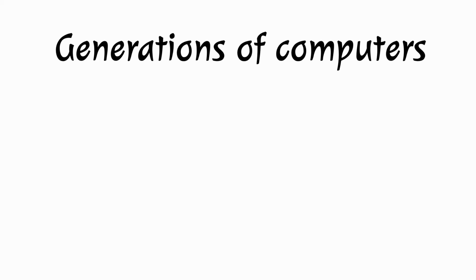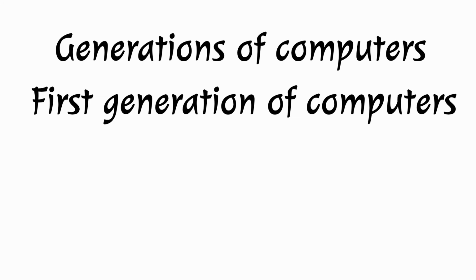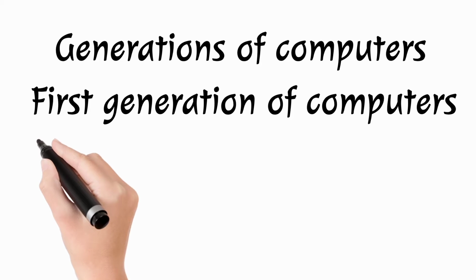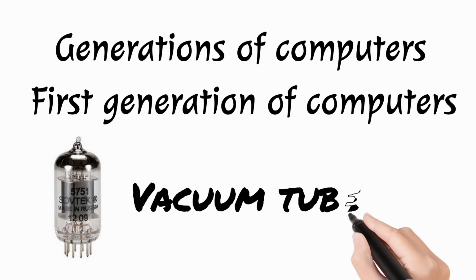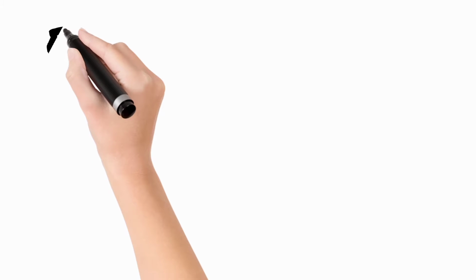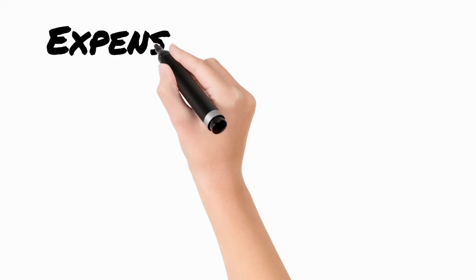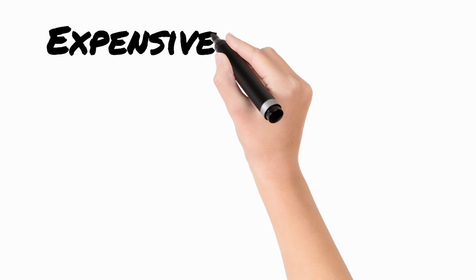In sequence, here come the first generation computers. Computers of this generation used vacuum tubes to perform calculations. Vacuum tubes were expensive because of the amount of material and skill needed to manufacture them.